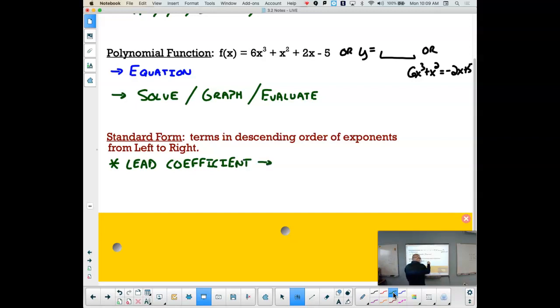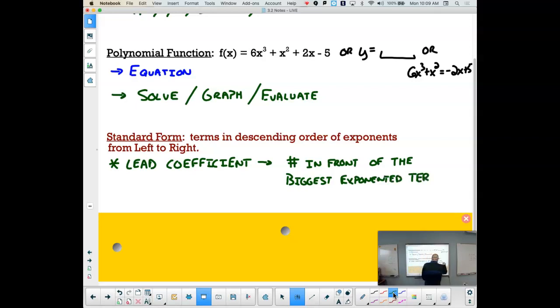And that is the coefficient, the number, if you will, in front of the biggest exponent. So the number in front of the biggest exponented term.